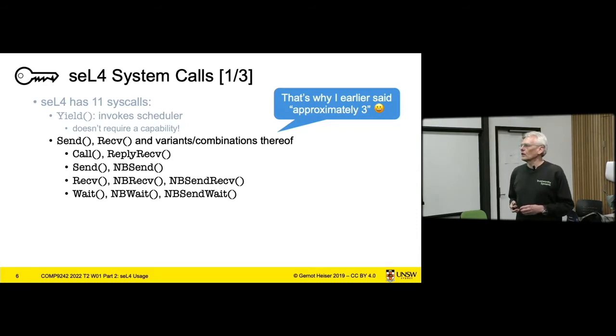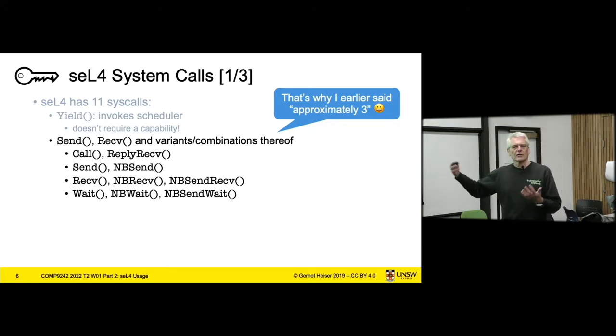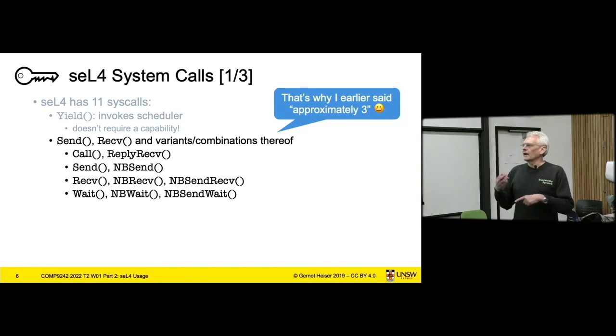And the combinations are call and reply receive, which you've already seen, right? Call is the standard operation for invoking a protected procedure call, and reply receive is the equivalent inside the server. And then there's send and non-blocking send. So send basically sends a message to an endpoint, which then the receiver can receive.